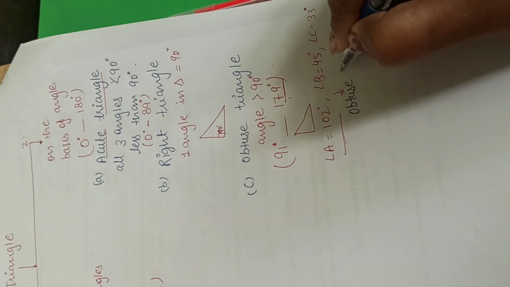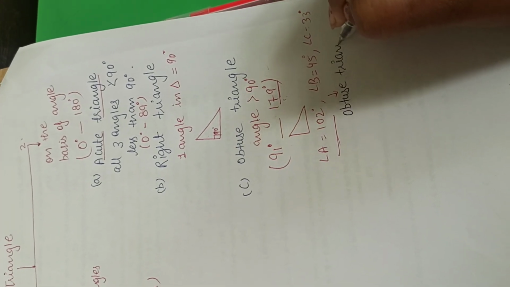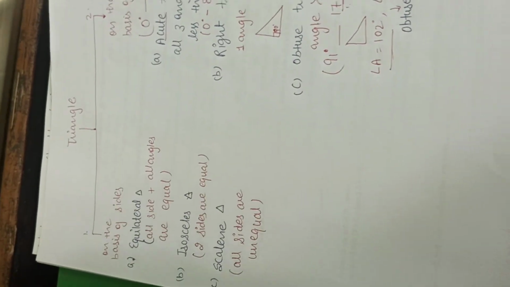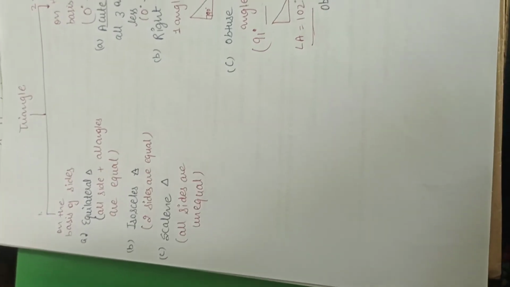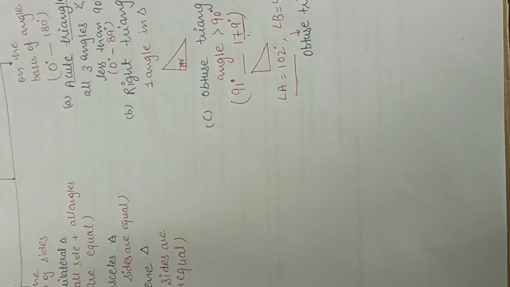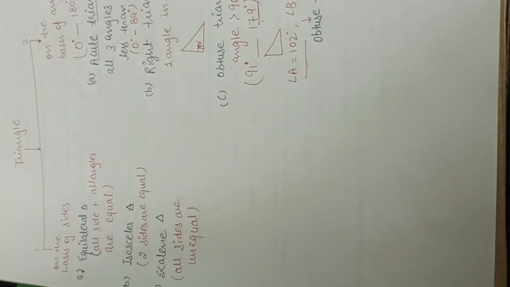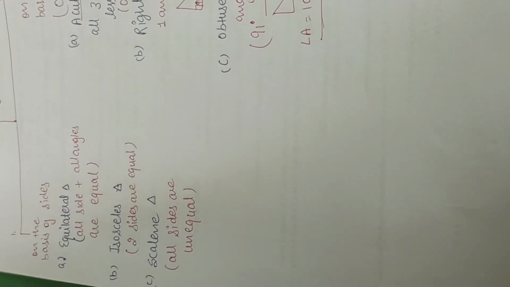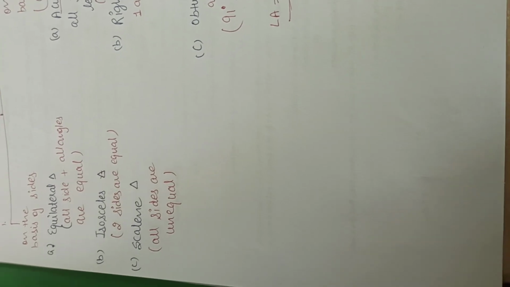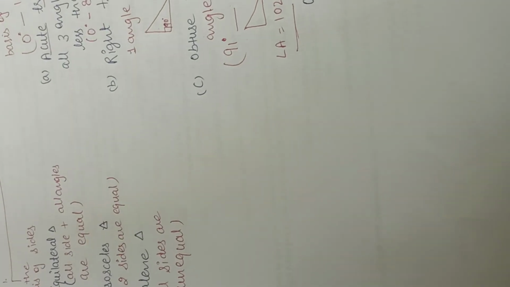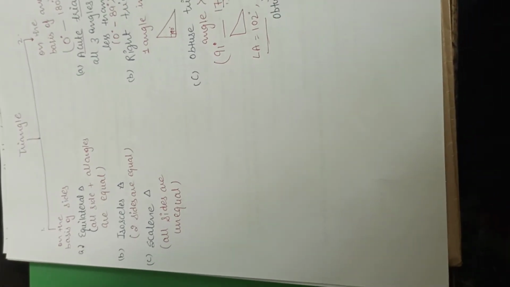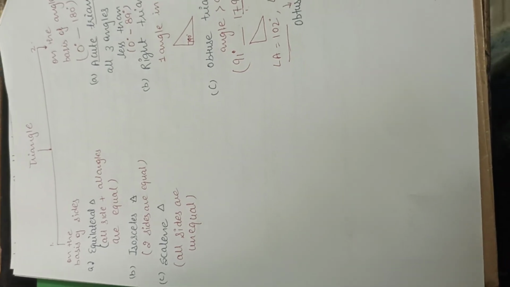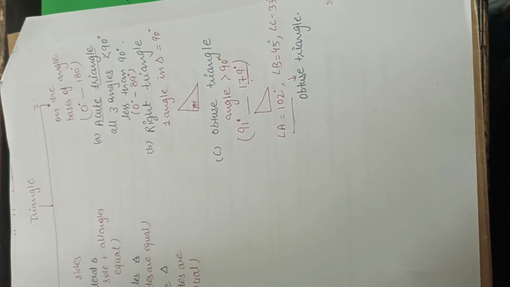Obtuse triangle. Clear? So these are the two types of triangle on the basis of side and on the basis of angle. After this, our next topic is quadrilaterals, and this topic we will discuss tomorrow. Clear students? So today's work is just revise exercise 11.1 and 11.2.